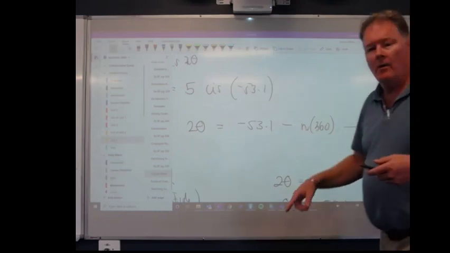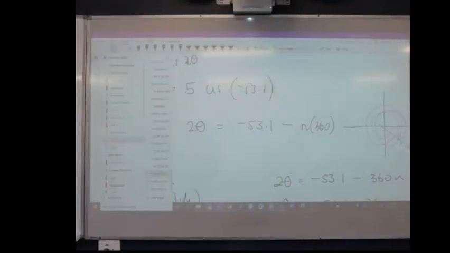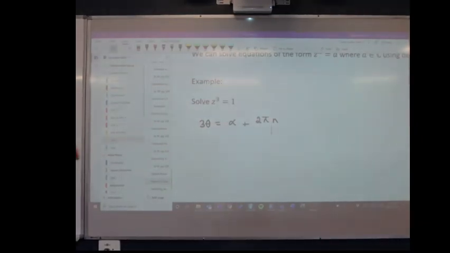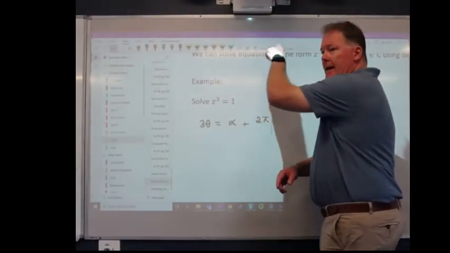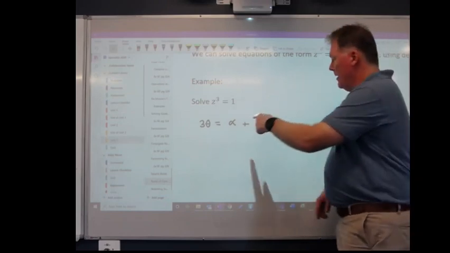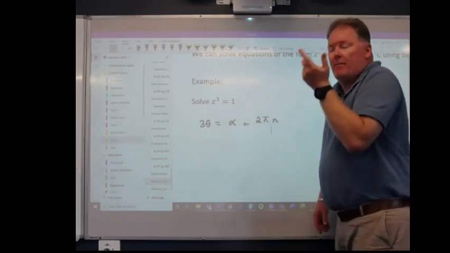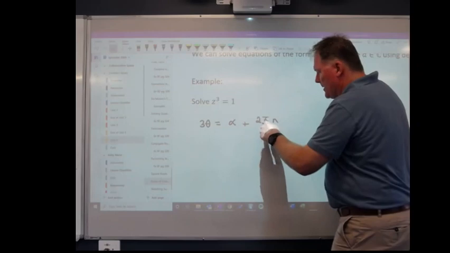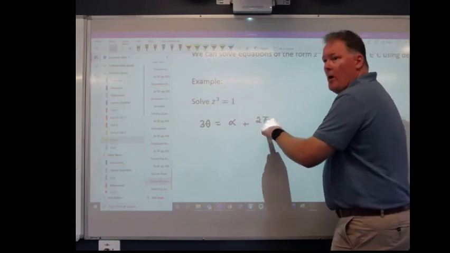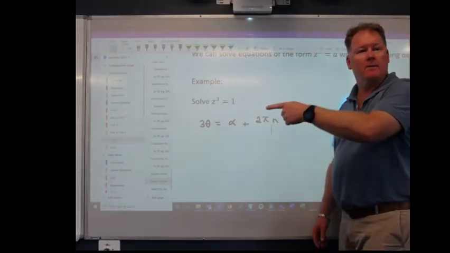When we're in radians, it's whatever angle we calculate, using our tan minus 1, blah, blah, blah. In this case, it might be a bit simpler than that, we'll see. So it's some angle plus some multiple of 2 pi, which is a full circle in radians.